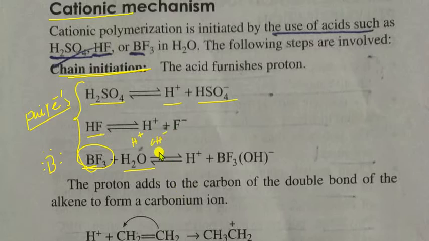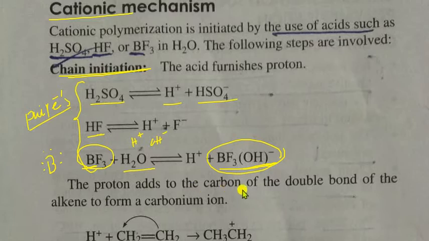The BF3 is in need of an electron pair, so the negative OH is attracted by the BF3 and gets attached to it. Along with that, the H plus also moves. So a BF3 OH minus ion is formed here.